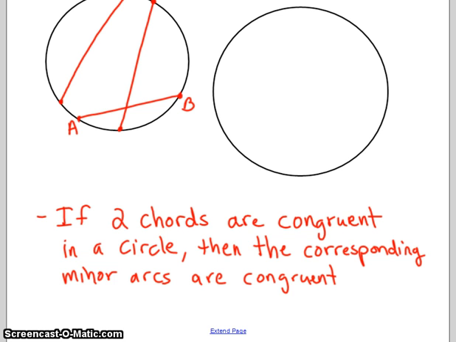Alright, and this works with the converse too. If the minor arcs are congruent, then the two chords are congruent in a circle.